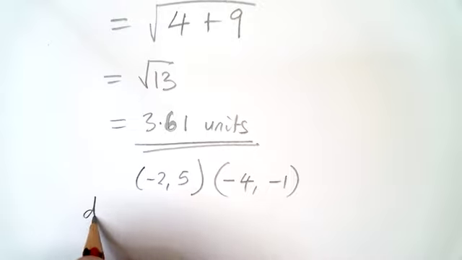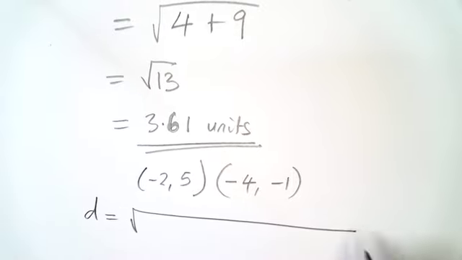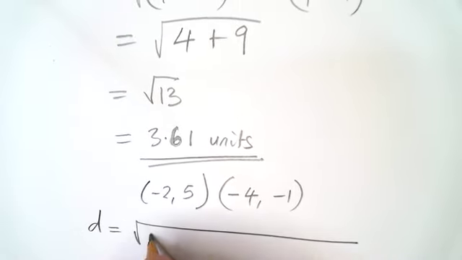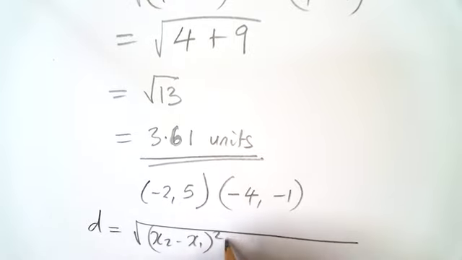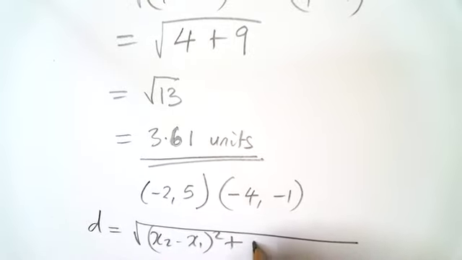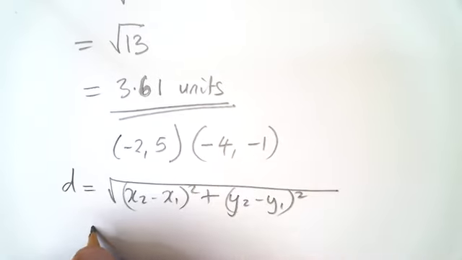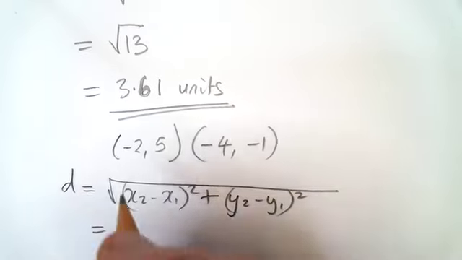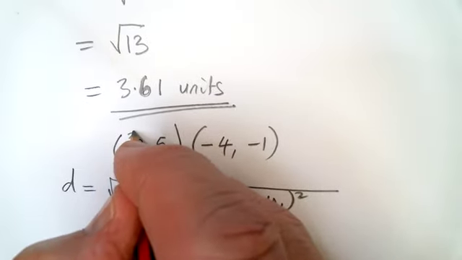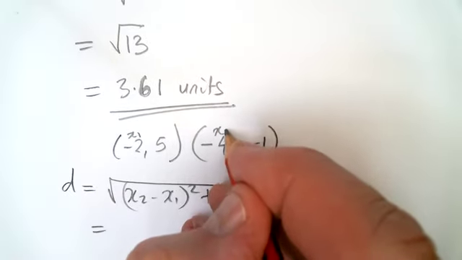So the distance is going to equal, and I'll write my formula first, so that we've got something which we can work with. We've got an x2 minus an x1, all squared, plus we've got a y2 minus a y1, all squared again, is equal to, and this time I'm going to go ahead and write these in first. So this is going to be my x1, it's going to be my x2.